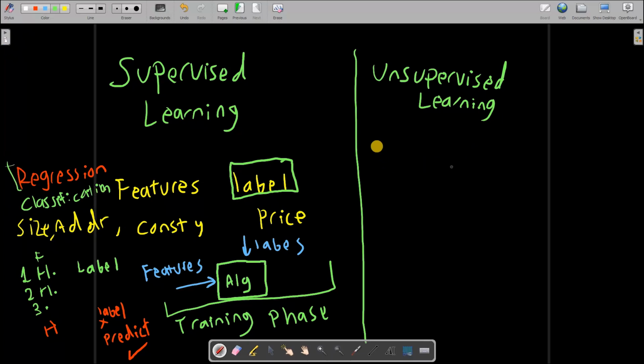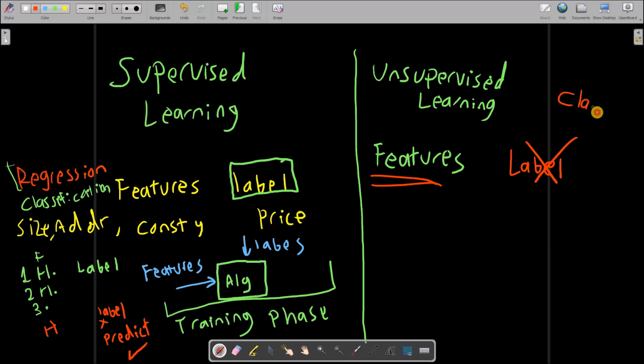Now, in unsupervised learning, you provide your model with features, but you do not have any label. You only have features. And you want your algorithm to find patterns between these data, these features, so that they can be separated from each other. So this is kind of a classification problem. Why do I mean that? When we started the data section, we talked about clustering our data, meaning that we created data that were grouping on each other.